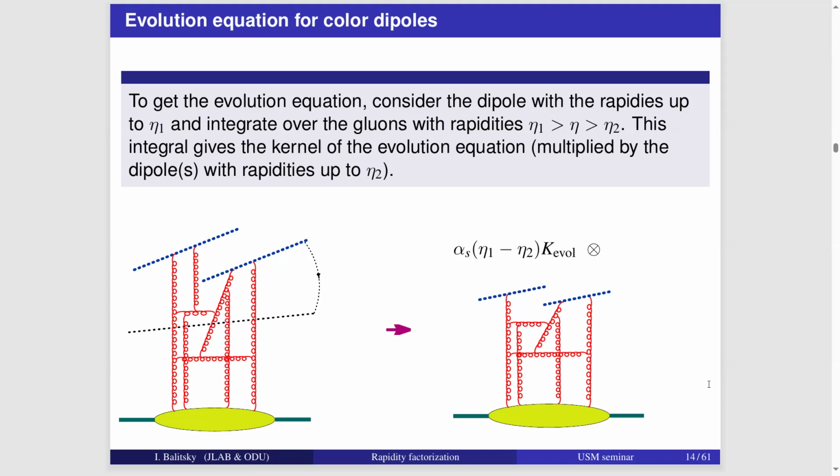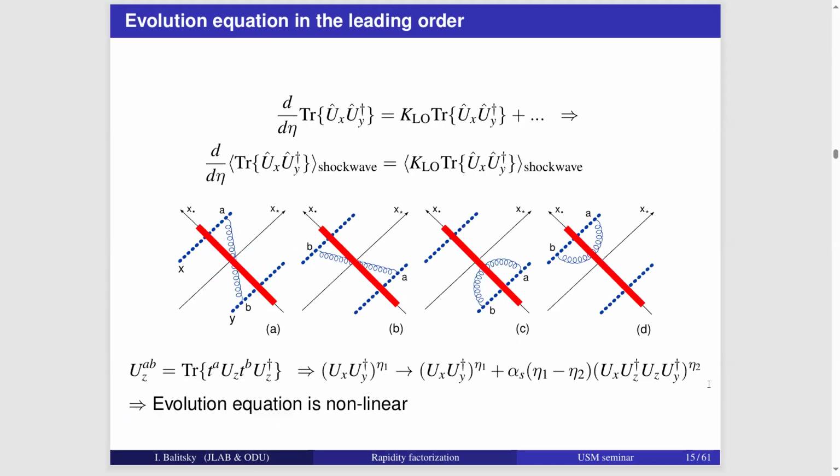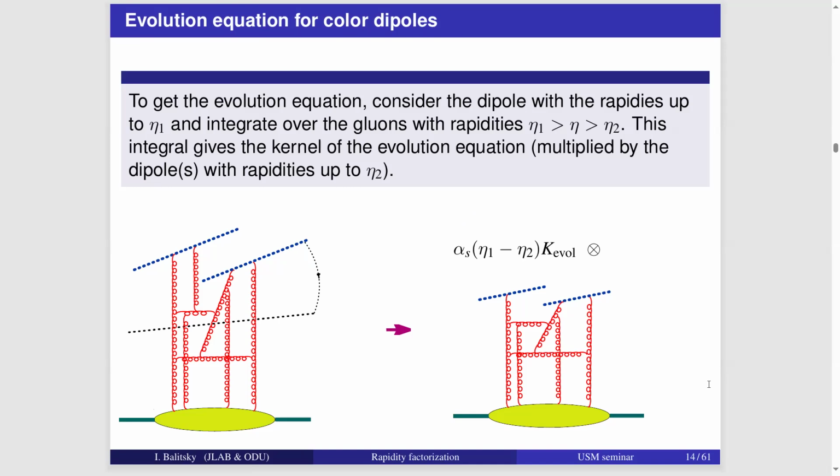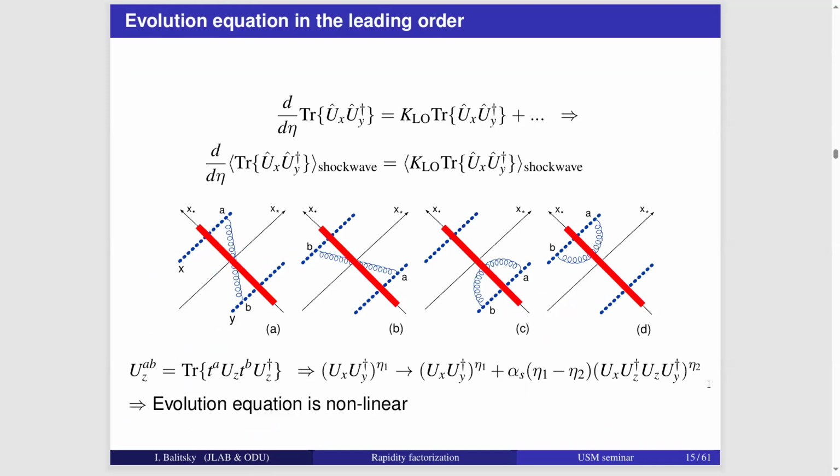Of course, there are too many gluons and too many coupling constants, but in the leading order it's only two. In the leading order, let me return back, you have only one gluon going down and returning up. So in the frame where the target is very fast, it looks like that.